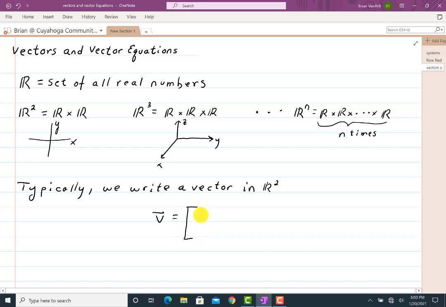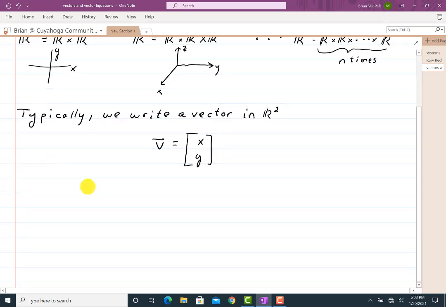And typically it will look like this. If I do the same thing in R3, a vector will look something like this. So we'll have three components, etc. Rn will have n components and things like that.